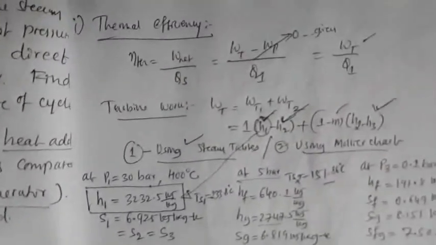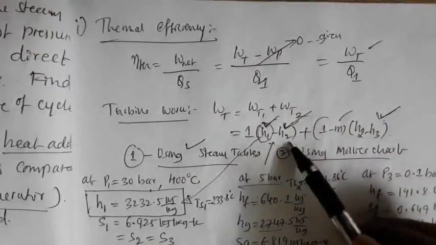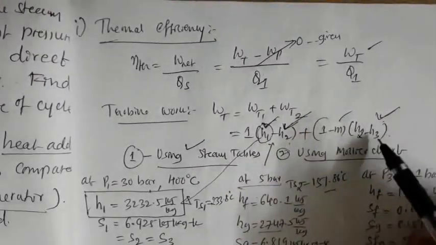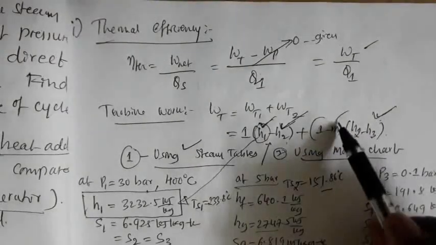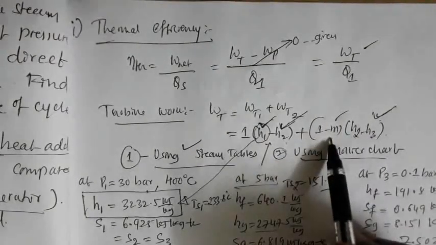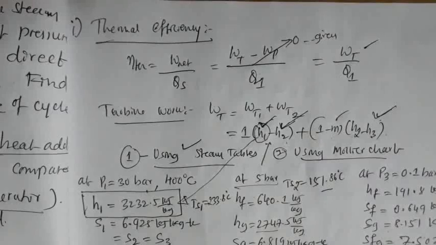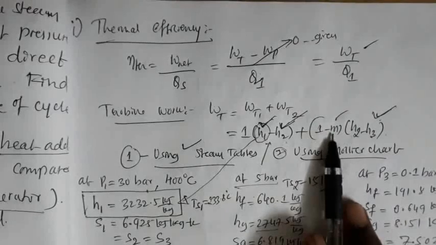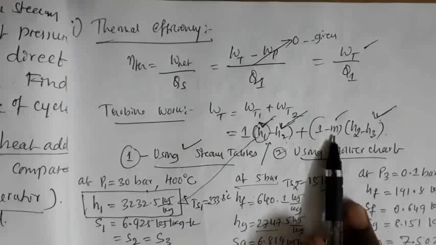After obtaining all these values, we don't know the value of M in the turbine work expression. In the turbine work expression we calculated H1, H2 and H3, but M is also unknown to us. M is the mass of the steam bled out of the turbine.